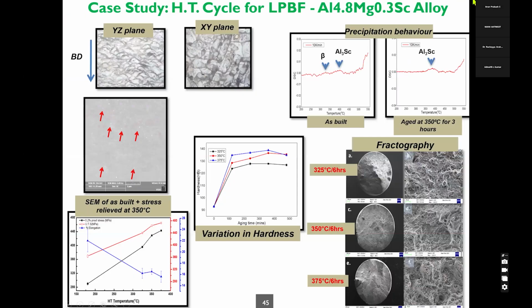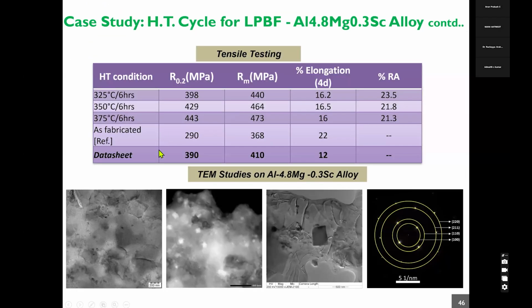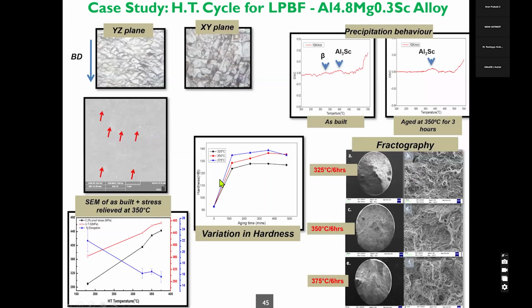Similarly, we also tried to optimize the heat treatment cycle for the aluminum 4.8 magnesium 0.3 scandium alloy. So here you can see the data sheet specified mechanical properties of 390 MPa yield and 410 MPa UTS. But we tried to optimize the heat treatment cycle further. We tried to carry out heat treatment at three different temperatures, 325, 350, and 375 degrees, based on the DSC studies that we did as shown here.